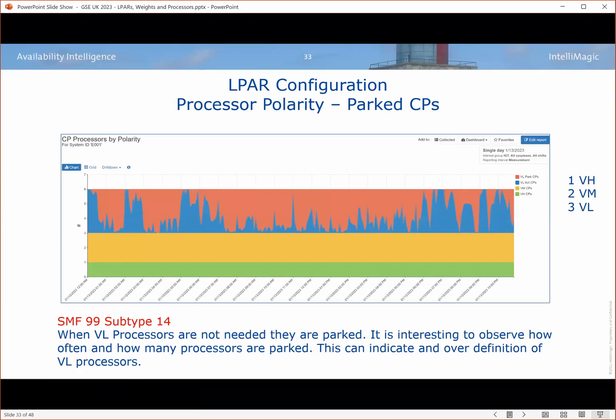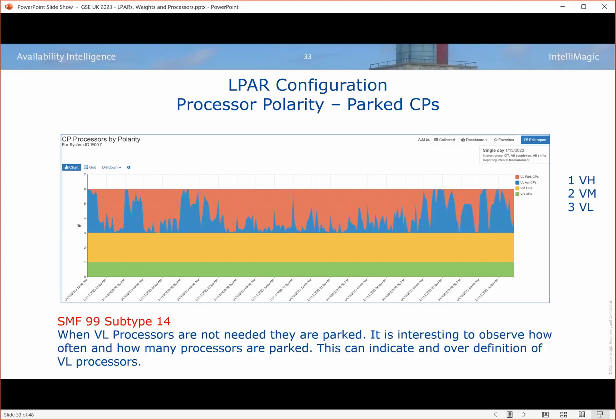What's also interesting is to look at the number of processors we defined, in this case, the logical processors, and their status of being parked, which means when they're not being used, they're parked and they're not having anything dispatched to them.